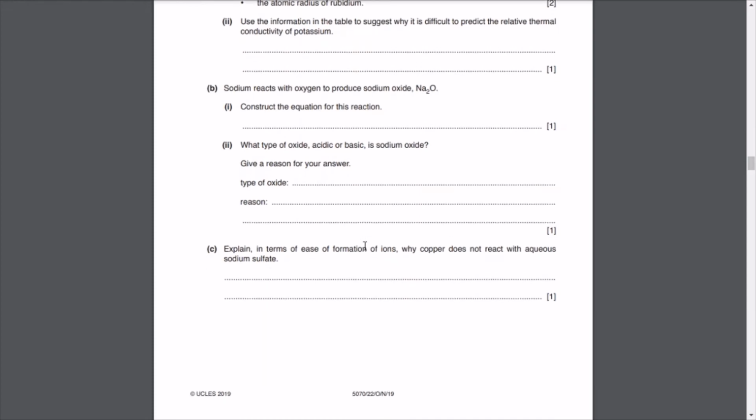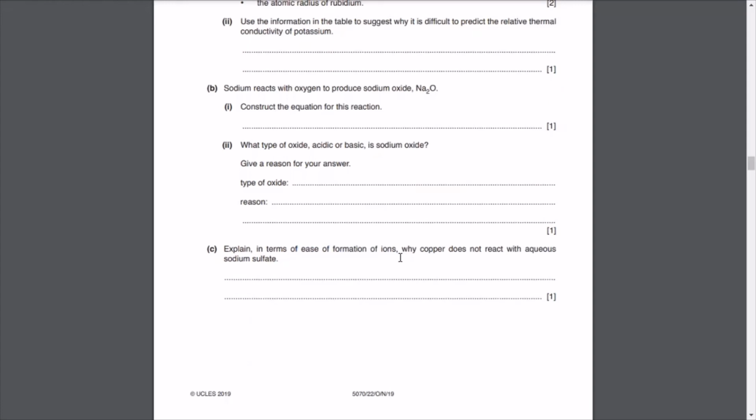Now moving on to part C. Explain in terms of ease of formation of ions why copper does not react with aqueous sodium sulfate. Copper does not react with sodium sulfate because, in terms of ease of formation, we need to refer to the ease of formation of ions. This is important.